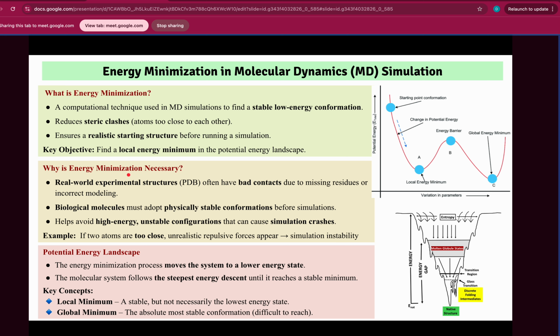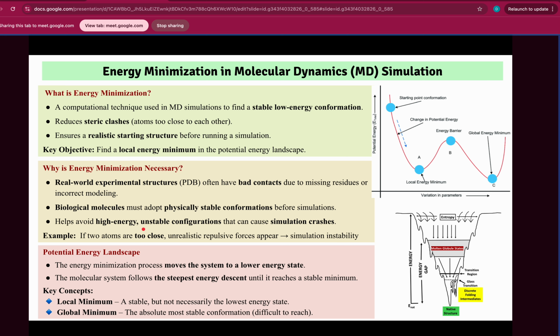Now why is this energy minimization necessary? Real world experimental structures often have bad contacts due to missing residues or incorrect modeling, so we need to perform minimization. Biological molecules must adopt a physically stable conformation before simulations, so we need to make sure the protein is in a least energy state, which is also stable.